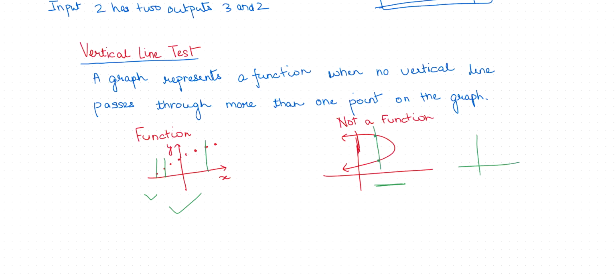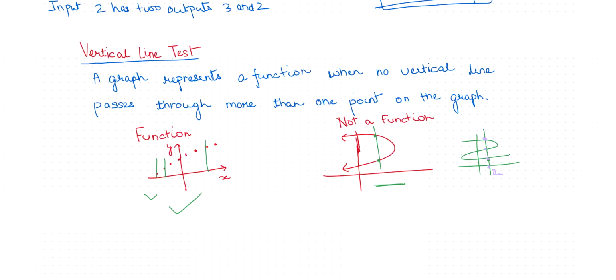This is also not a function because here one x is associated with three y's. Suppose this x value is 2. When x is 2, it has three values of y. So this is not a function.